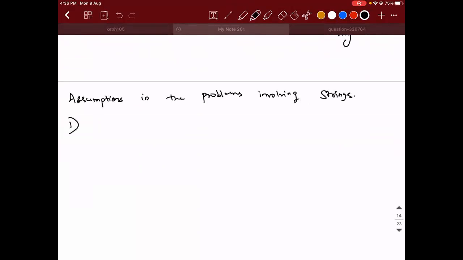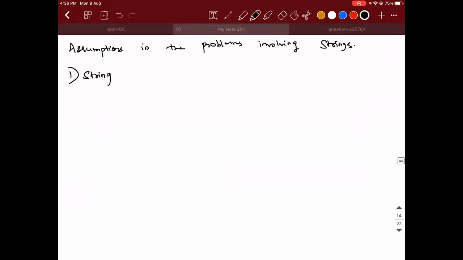First, the string is considered to be massless. But is this going to happen in a real scenario? If you take that string, it is made up of particles and atoms. It will definitely have mass. But what we are saying is that the mass of the particular string which we use in our experiment can be ignored. That is the meaning of massless.